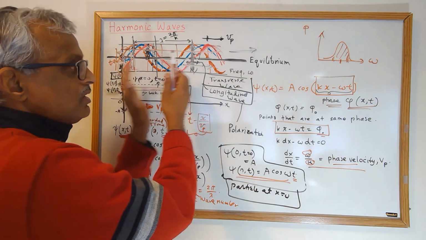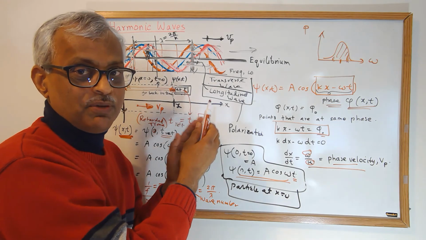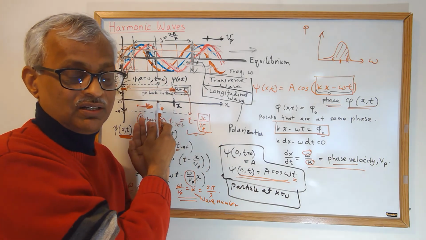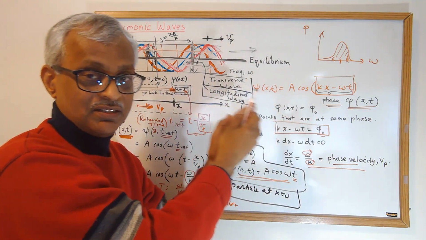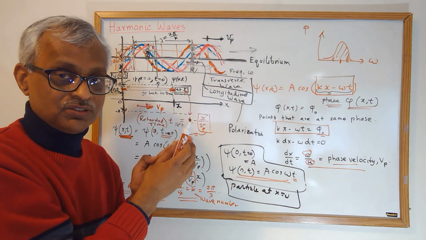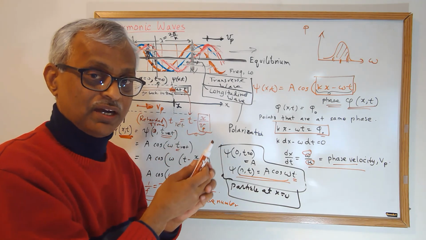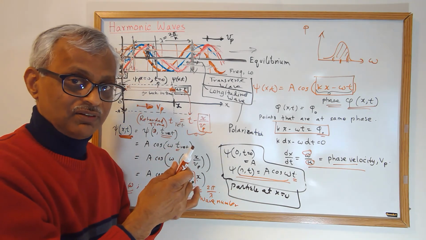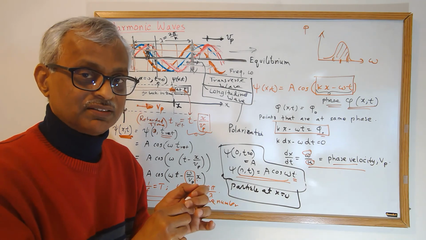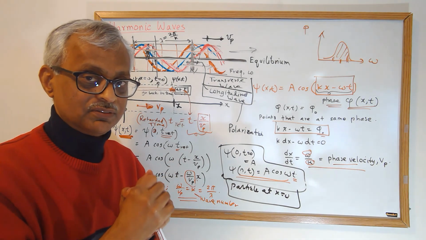So we saw how the wave travels for a single frequency. We can ask the question at what speed the energy in the wave travels. That's kind of a strange question, but we will ask that question, and that will lead us to a more physical velocity called group velocity. We're going to talk about that in another video.